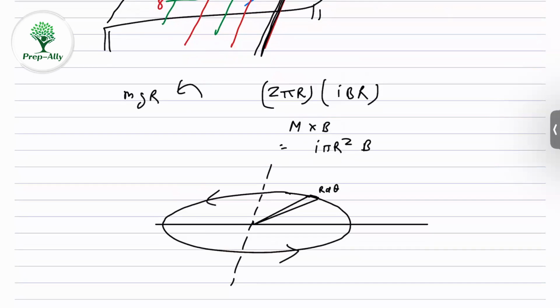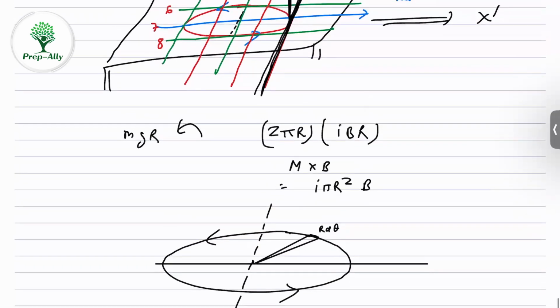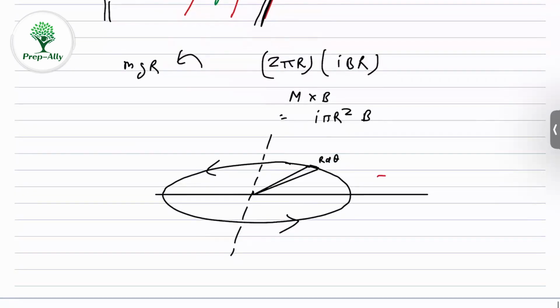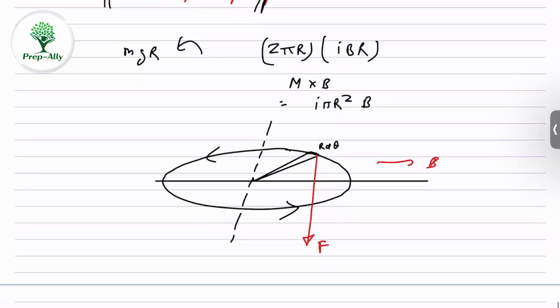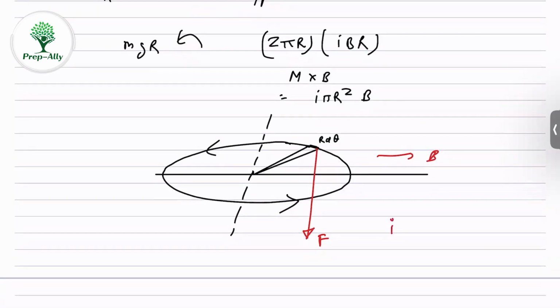What is the direction of force? Downwards. So what is the angle between dL and B? 90 plus theta.